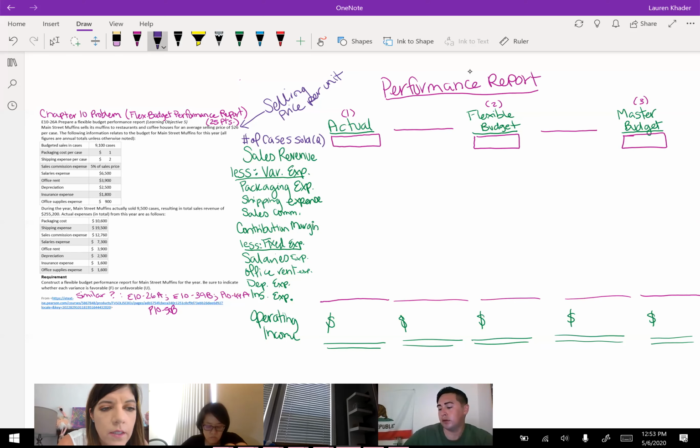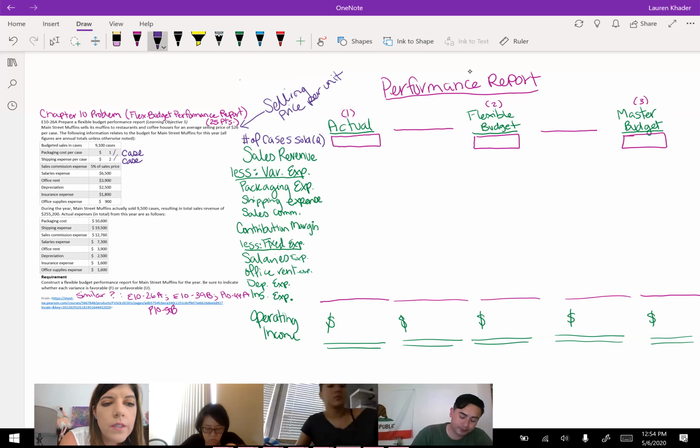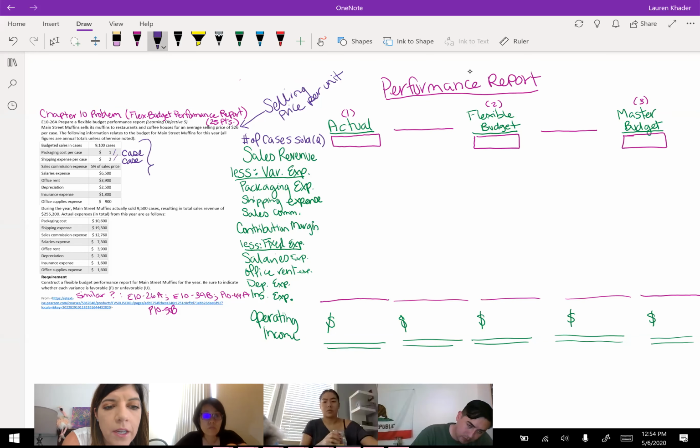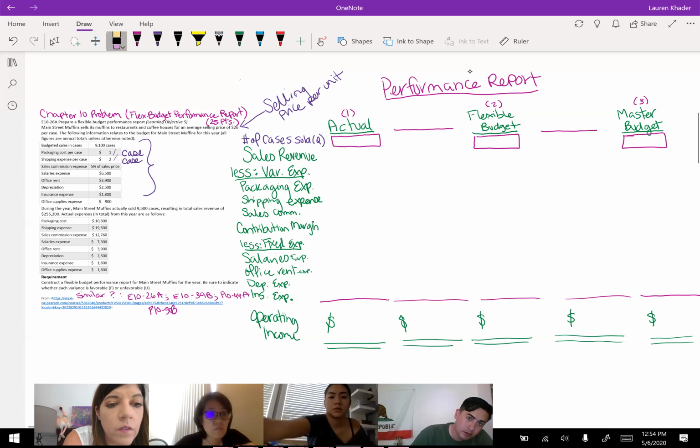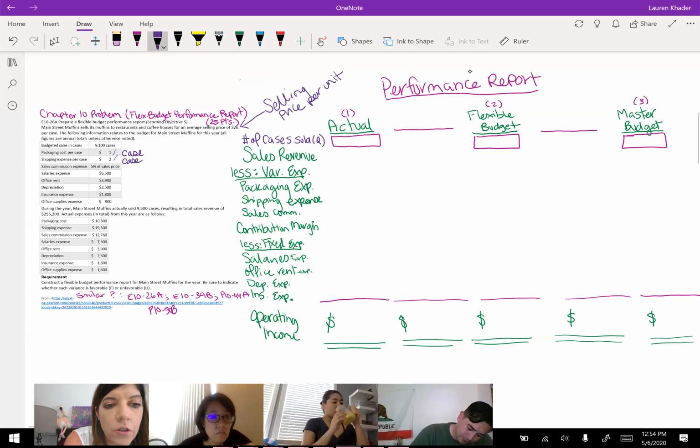Budgeted sales in cases, and then we have some packaging costs and shipping costs per case. Sales commissions, salary expense, office rent, etc. This is all budgeted information. So this is essentially like their formulas that they're using for budgeting purposes.